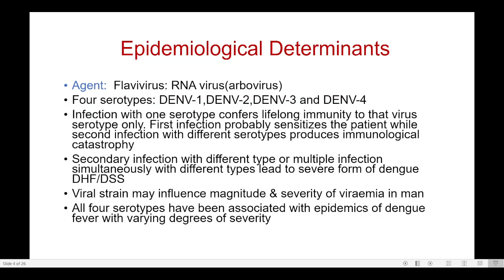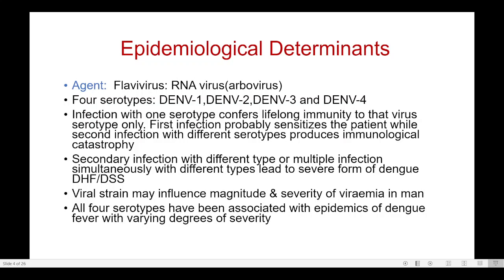Which type of strain is circulating in the environment may influence the magnitude and severity of viremia in man. All four serotypes have been associated with epidemics of dengue fever with varying degrees of severity. A Thailand study has shown that if an individual is first affected with dengue 1 and then has recurrent infection with dengue 2, there is a 500 times greater chance of immunological catastrophe.